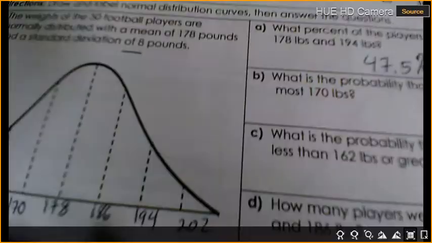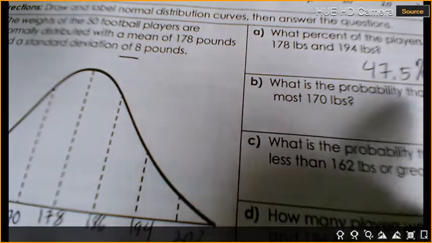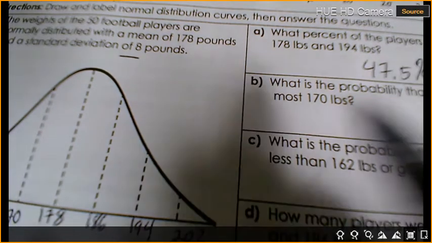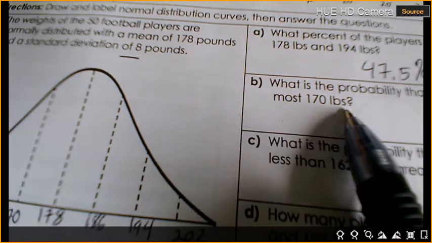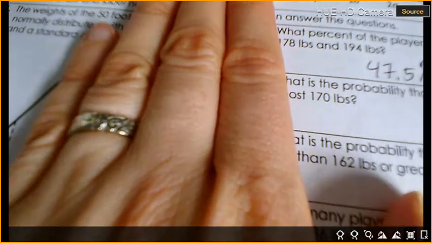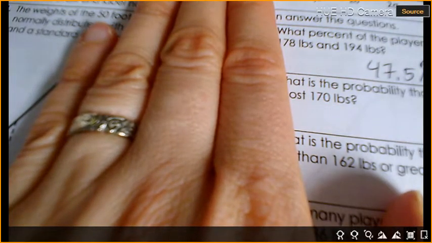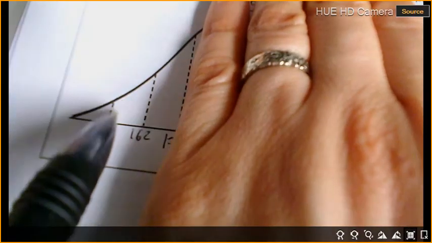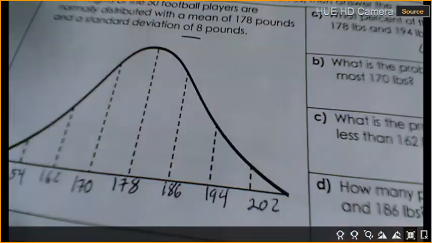All right. What is the probability that a player weighs at most 170? So that's at most. So it's these three things at the end right here. You guys see that? These three things at the end? Okay, so that's 0.15, 2.35, and 13.5.